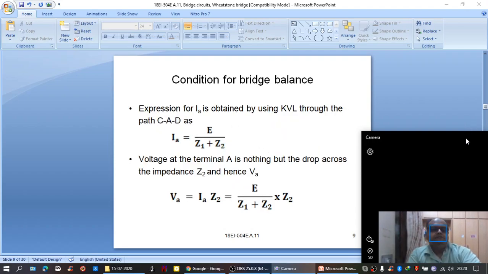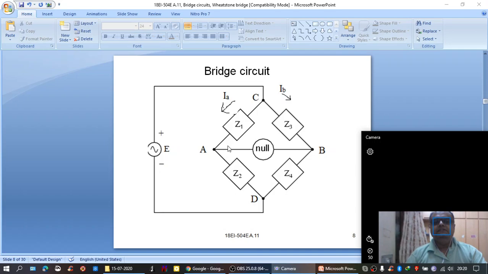Right. Just now what I have explained, the same is written here. Expression for IA is obtained by using KVL through the path CAD.